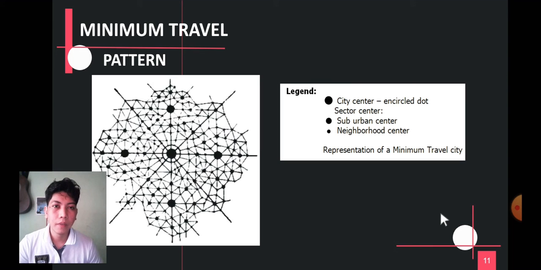Then the other dots in this diagram are called the suburban centers, and the small ones are known to be the neighborhood centers. And yeah, this is a presentation of a minimum travel city, because they are limited to a minimum of car travel.